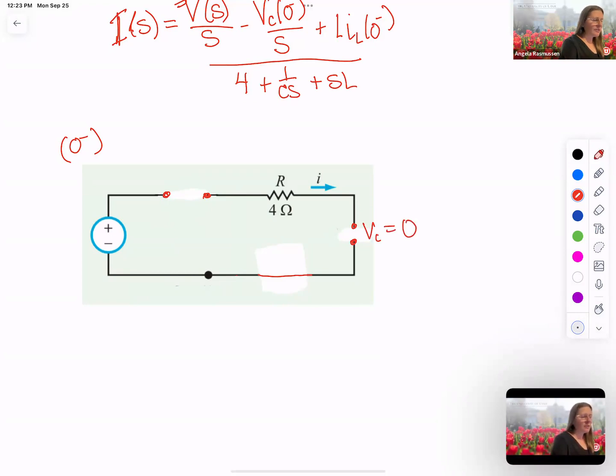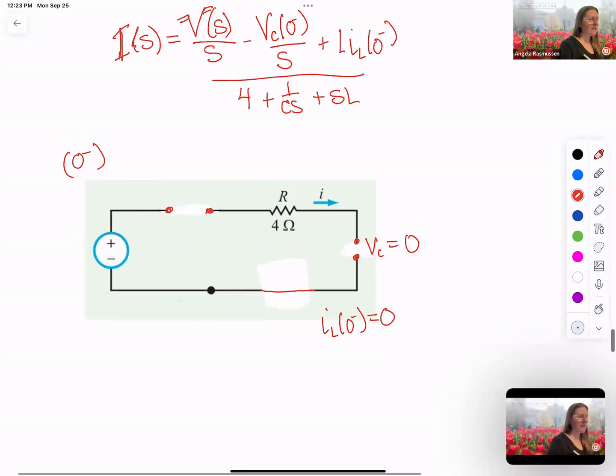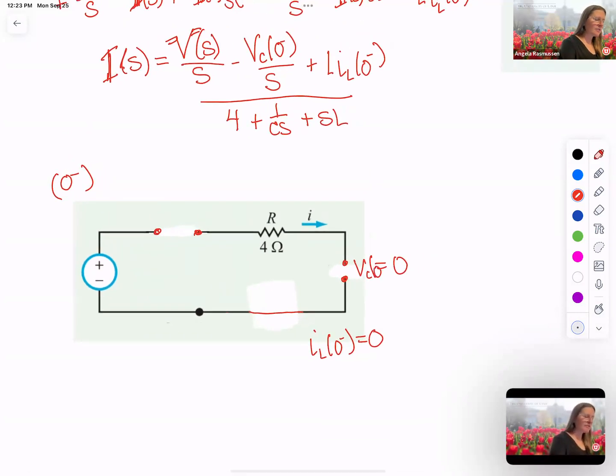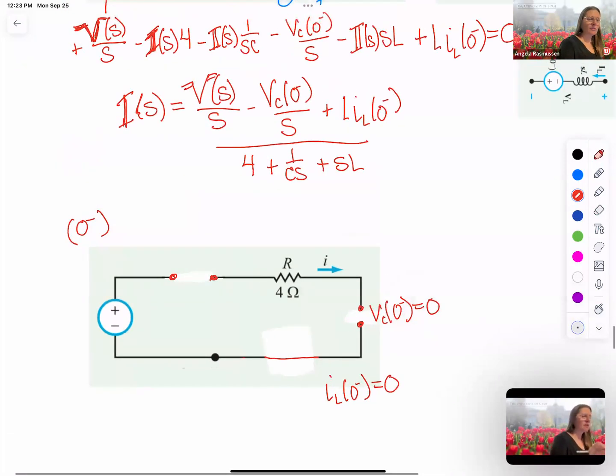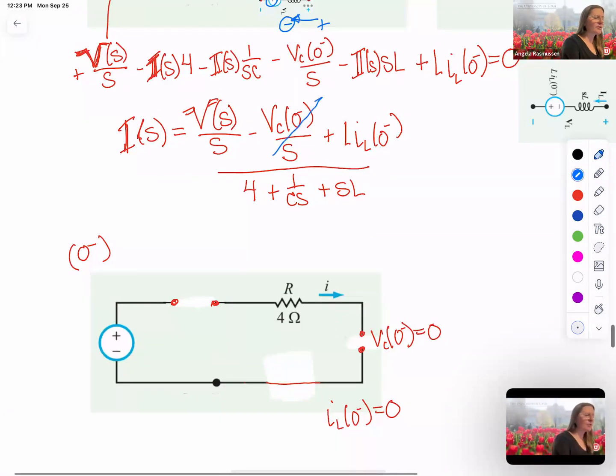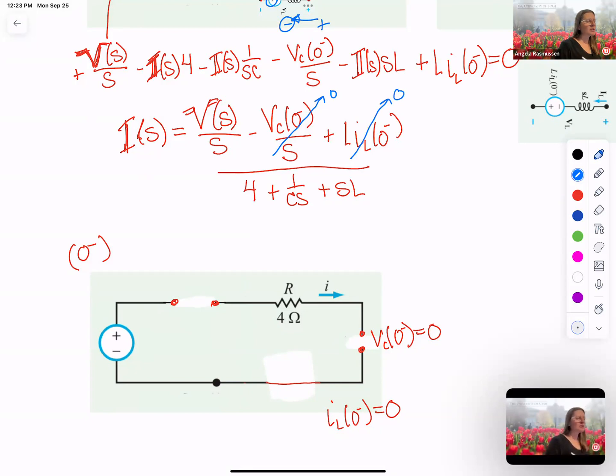So VC will be 0 and IL of 0 minus will also be, will be what? Will be 0, correct. So VC of 0 minus is 0. So in this case, this one will go to 0 and this one will go to 0. So we would just be left with I of S, Vs over S, and this on the bottom.